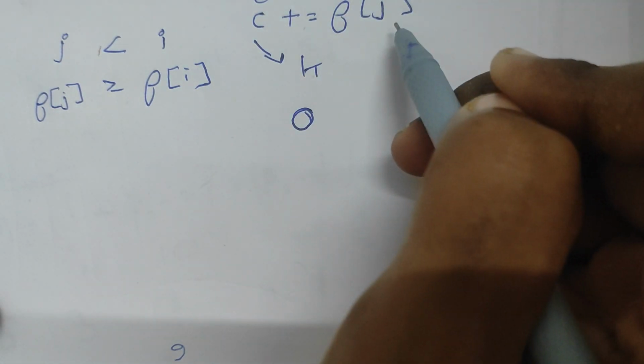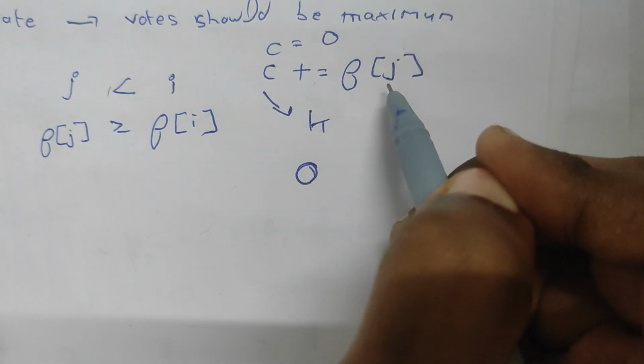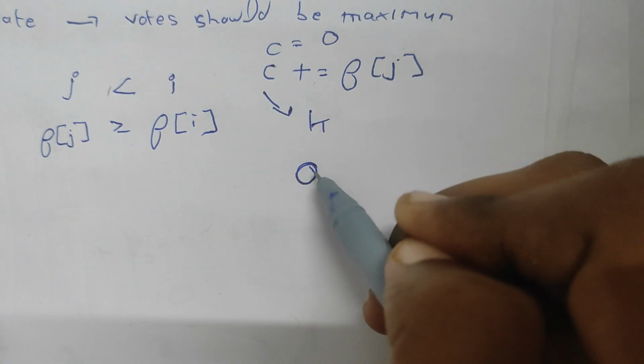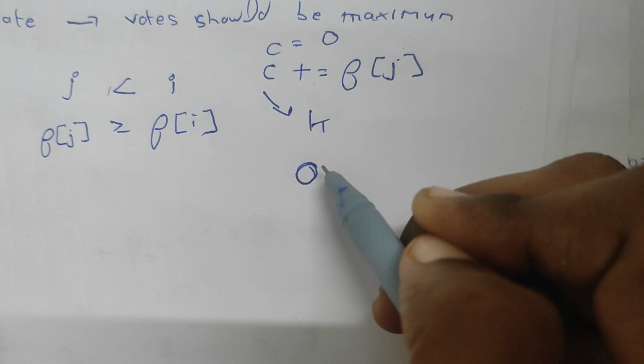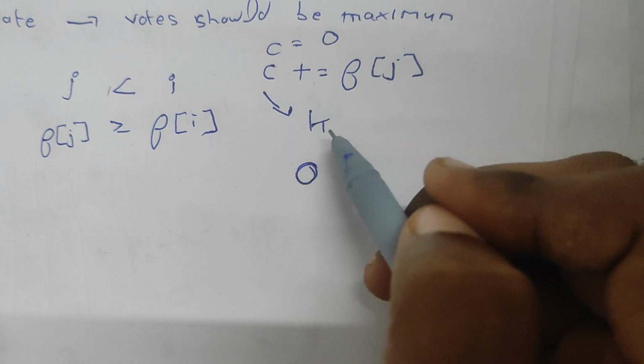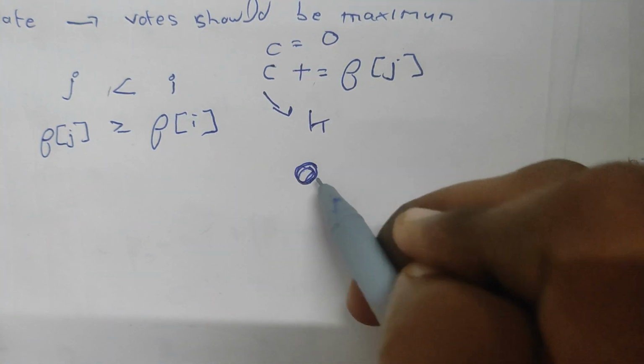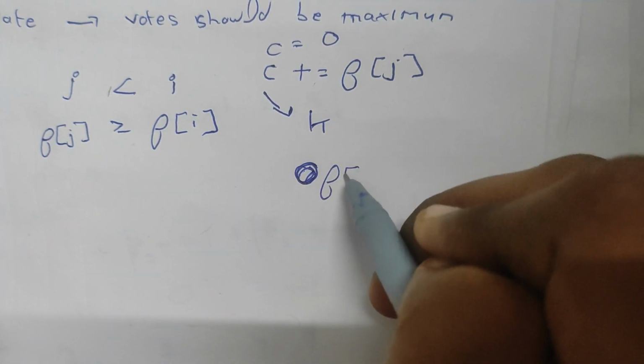Now C became equal to f of J, and K didn't have any fans. Since K is the candidate with the lowest number, all these people will vote for K now. So this 0 will get transferred to f of J.